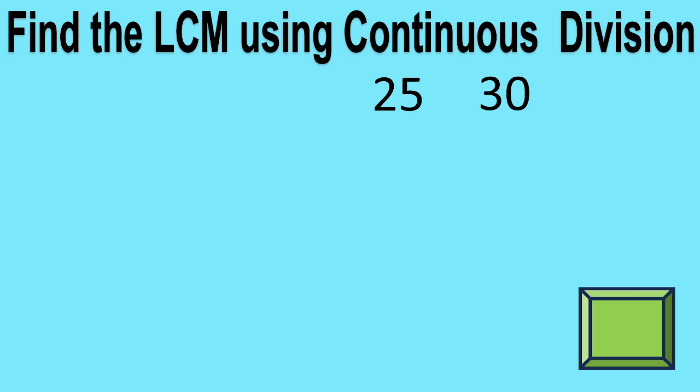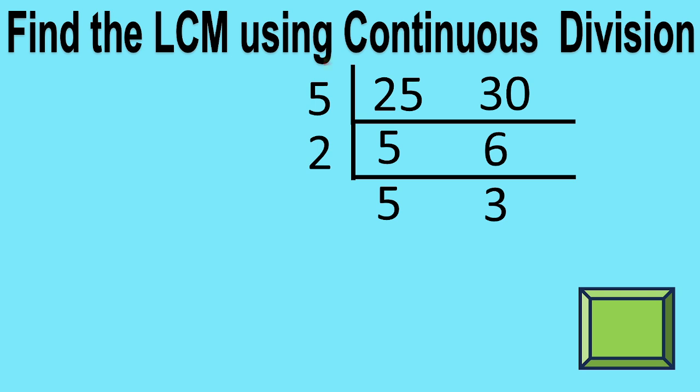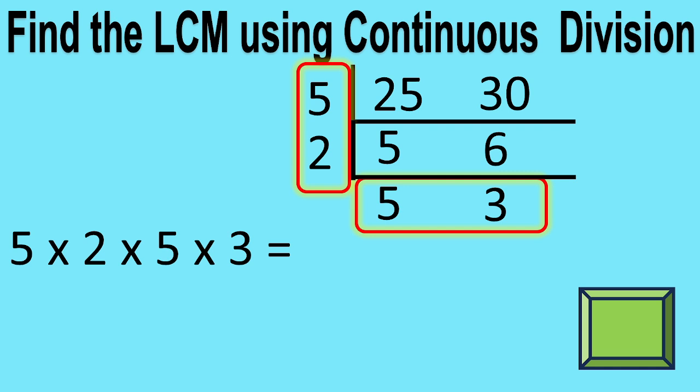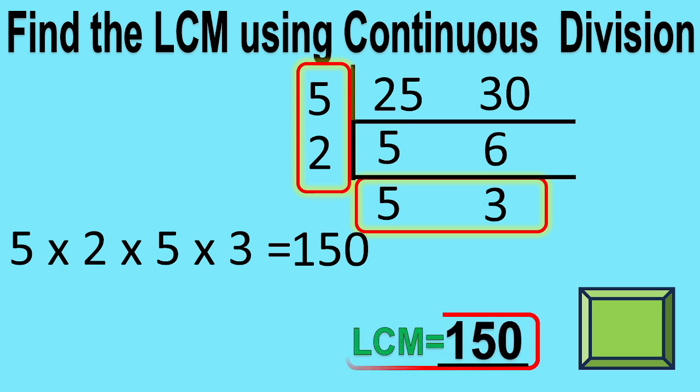Another, 25 and 30. Time's up. The answer is... So, 5 times 2 times 5 times 3 equals 150. So, the LCM is 150.